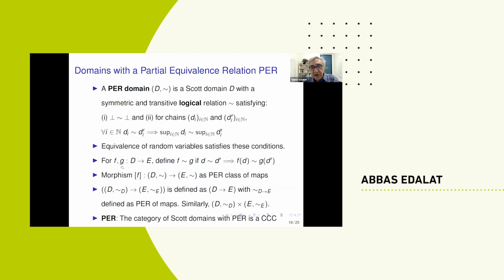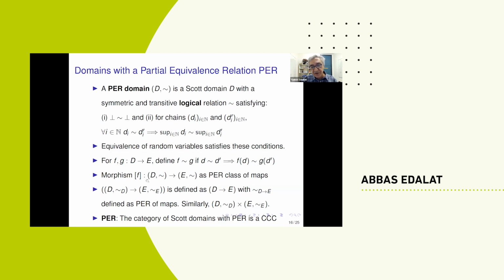So if you have got a PER domain, so we've got a Scott domain with a partial equivalence relation, which is not necessarily reflexive, then if you have got two functions, we say that f is equivalent to g if whenever two inputs are equivalent, then the corresponding outputs are equivalent by these two maps.